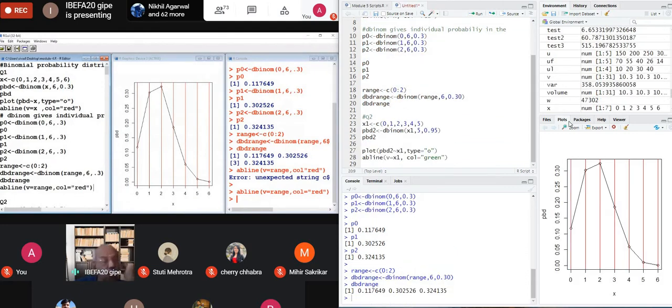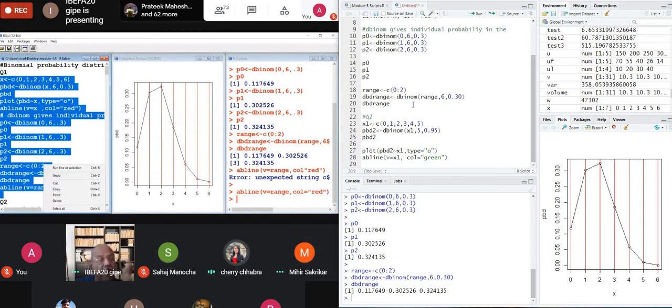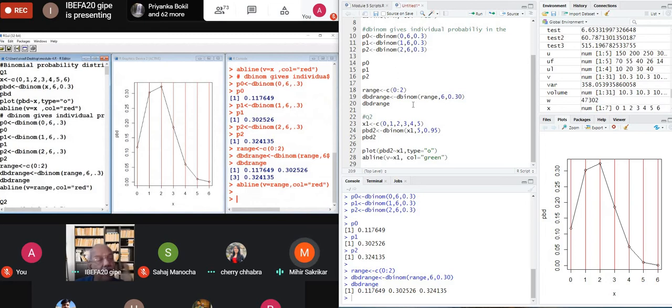It has not shown. Sir, I think the red color is already there. The dbinom range will be the probability. The syntax seems to be another dbinom range. Sir, the dbinom range is just a name.